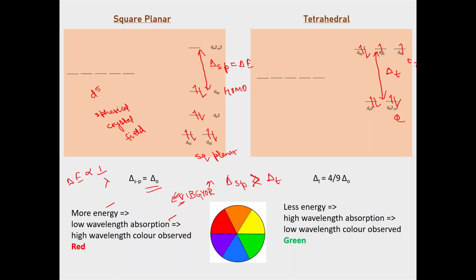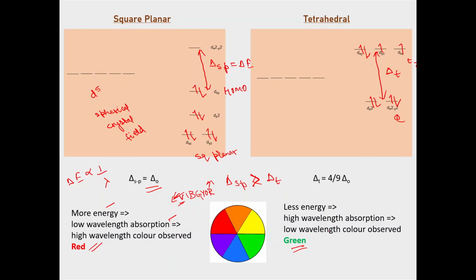Since low wavelength is getting absorbed, we observe the opposite, the higher wavelength, which is why we are observing red. Whereas in the tetrahedral case, the energy gap is less. That means high wavelength light is getting absorbed, and we are observing a low wavelength color. So in this case we get green as the color.